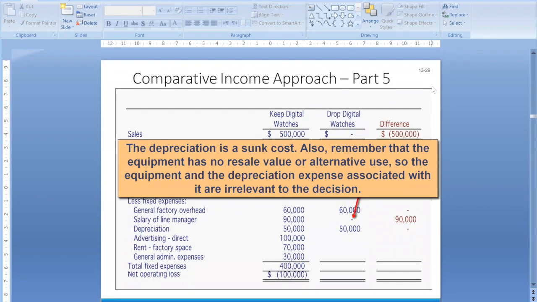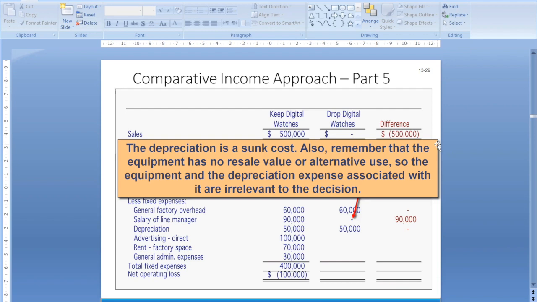The 50,000 depreciation is a sunk cost. Also, remember that the equipment has no resale value or alternative use. So the equipment and the depreciation expense associated with the decision are irrelevant to the decision.